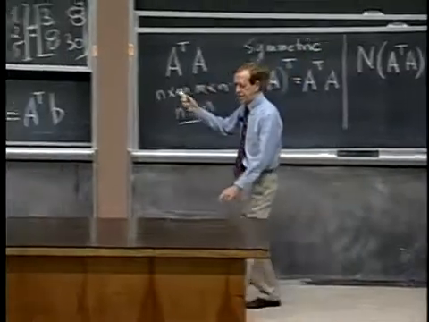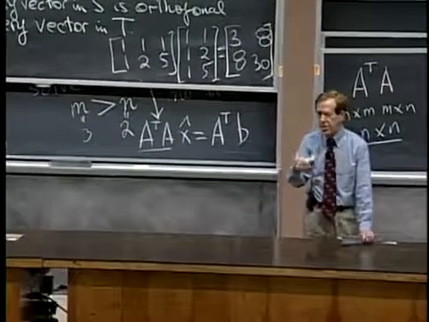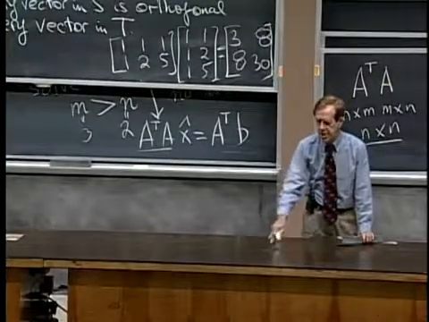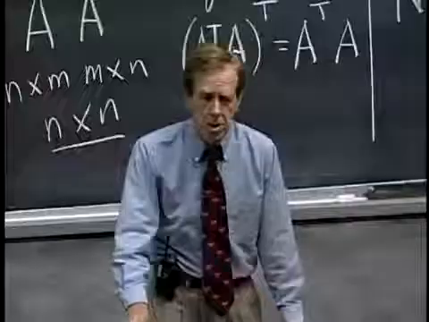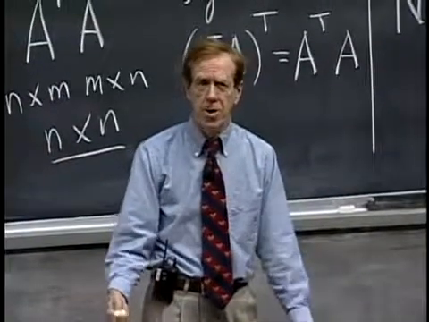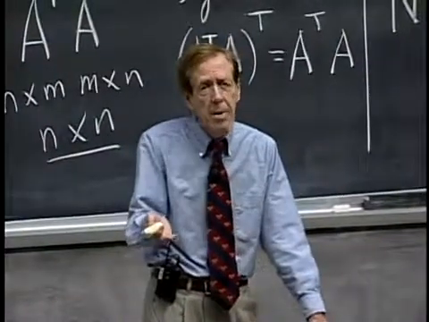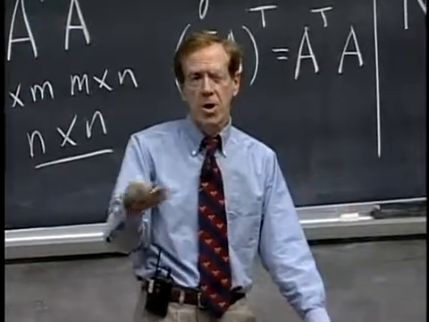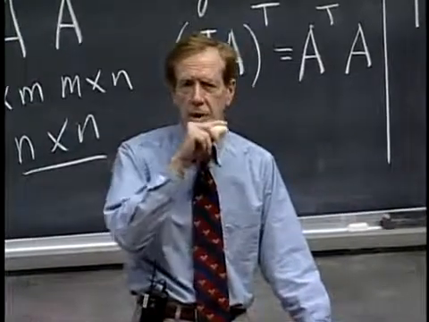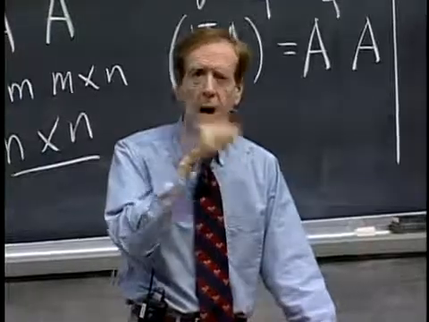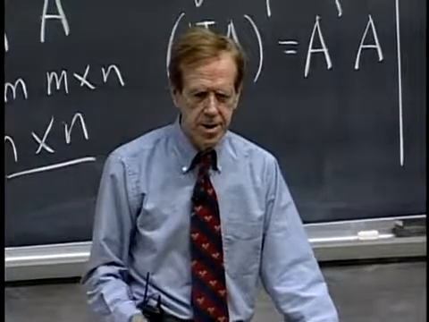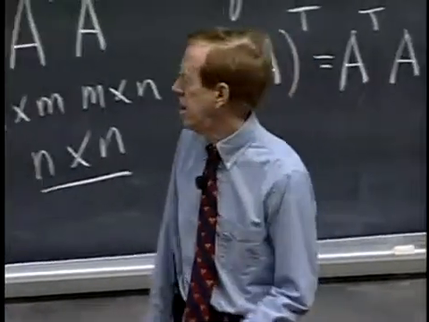I can't say A transpose A is always invertible, because that's asking too much. What could the matrix A be, for example, so that A transpose A was not invertible? Well, it could even be the zero matrix. That's the extreme case.